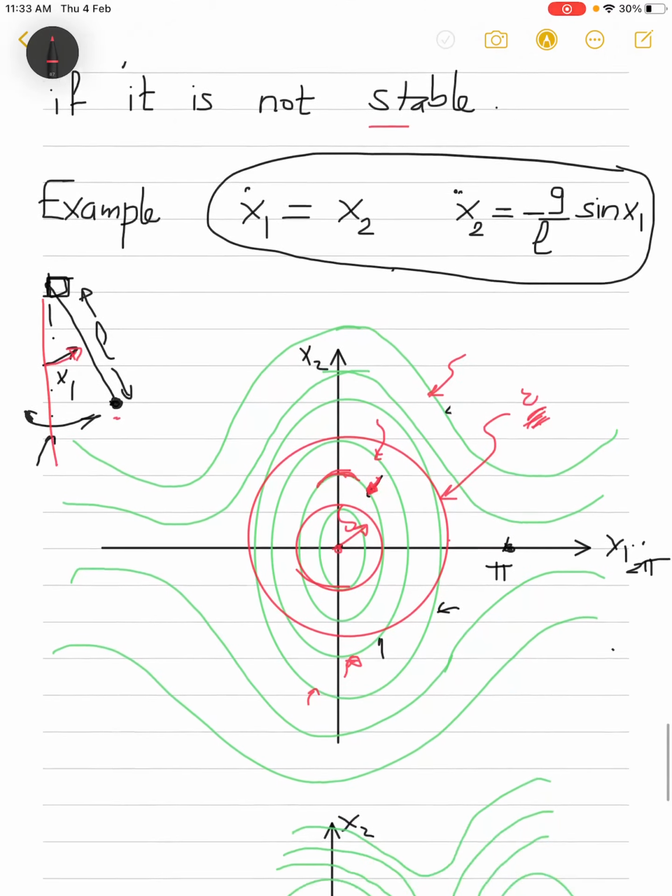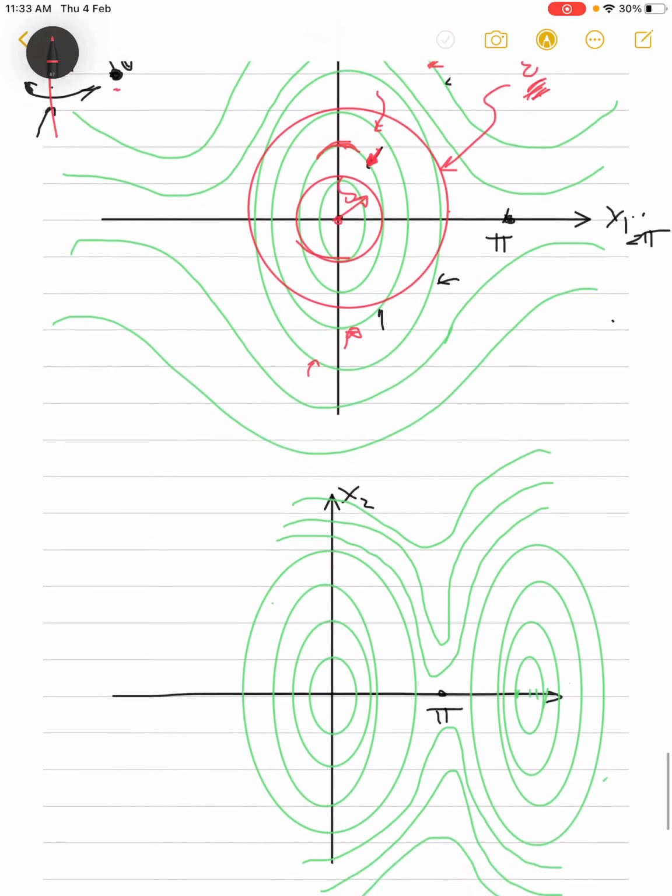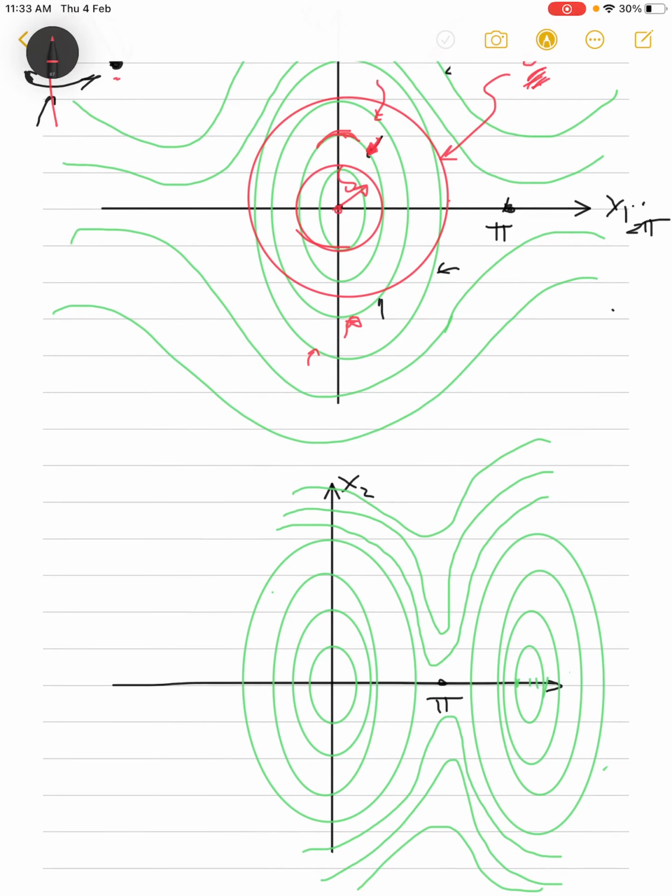Let me now apply the stability definition to the other equilibrium point at pi and 0. So if we take an arbitrary ball of radius epsilon, this is a ball of radius epsilon, and try to see whether we can find another ball with radius delta from which we can keep the trajectory inside the bigger ball of radius epsilon.